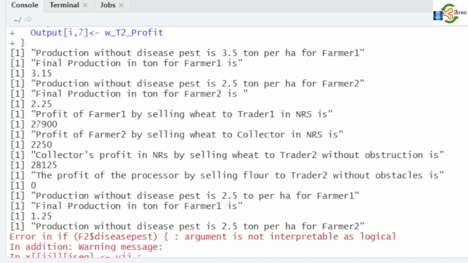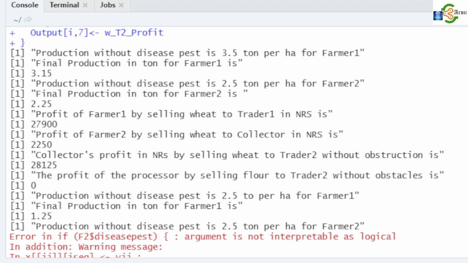This is a one-time simulation, so it might mislead the information. If we run this simulation once, it will produce one result. But we have to run it again and again several times, and we can see the occurrence of the results, how much profit each actor in the value chain can generate.